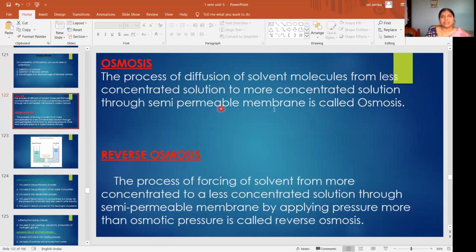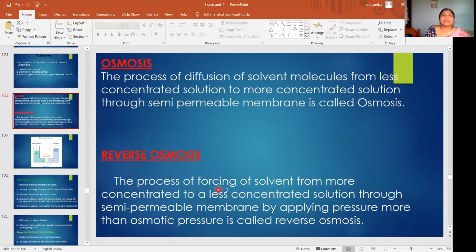When two solutions of different concentrations are separated by a semi-permeable membrane, osmosis takes place. The semi-permeable membrane selectively permits only solvent molecules to pass through it.